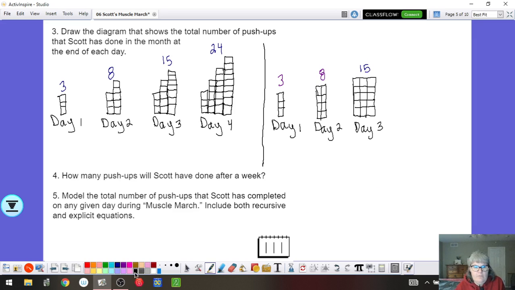And then day 4, keeping with the 4 columns, but just stacking them into one rectangle, I know that if I want to have 24 of them, I need to have 6 rows.